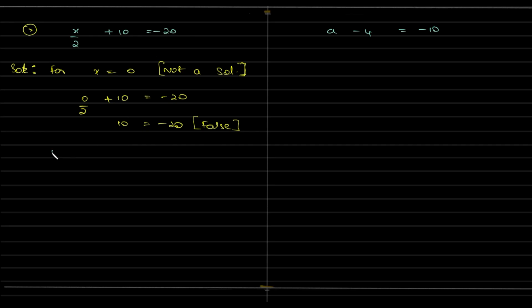So if I continue on the positive side, like for x is equal to 20, I try a lot of numbers in between and this is x is equal to 20. So 20 by 2 plus 10 is equal to minus 20. And we have 10 plus 10, and this is 20, which is equal to minus 20, not a true statement, a false statement, and this is not a solution.